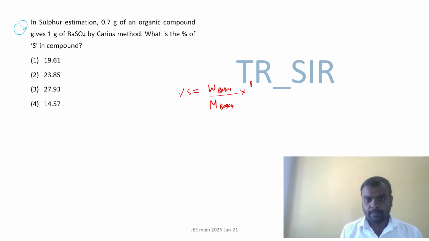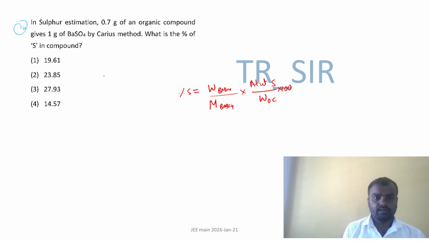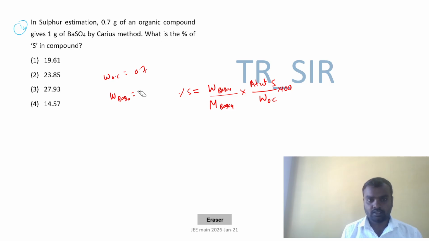sulfur, by weight of organic compound, into 100. Here the given data: weight of organic compound is 0.7 and weight of BaSO4 is 1 gram.